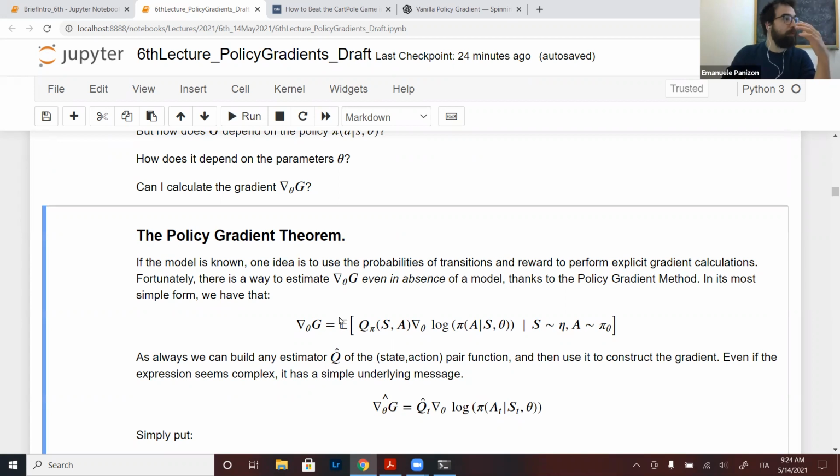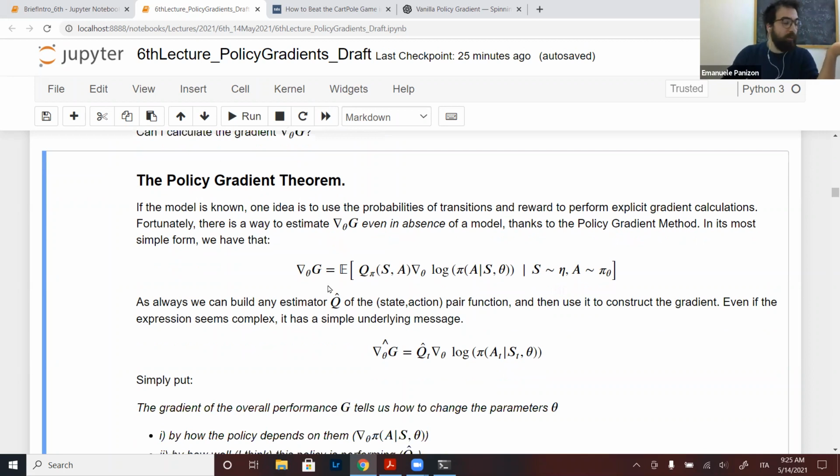Even if we don't know the model, if we collect trajectories and are able to evaluate this quantity, with the states taken with the correct probability given the trajectories, and the actions taken with the correct probability of the policy, then if I am able to compute this expected value, it gives me the gradient of the goal.